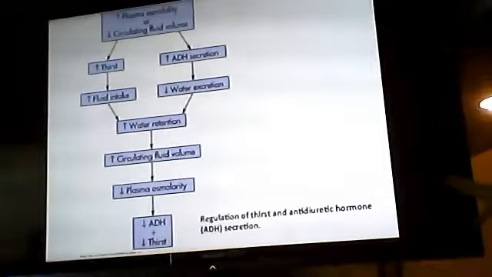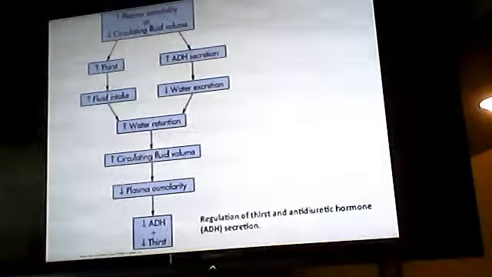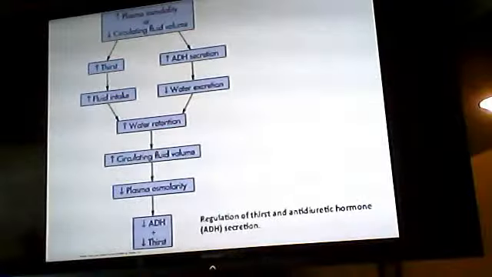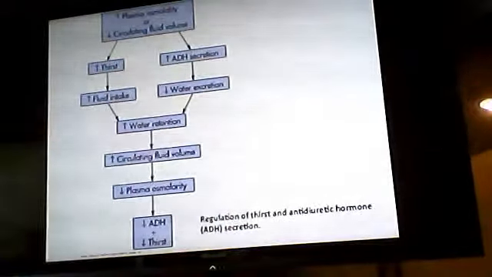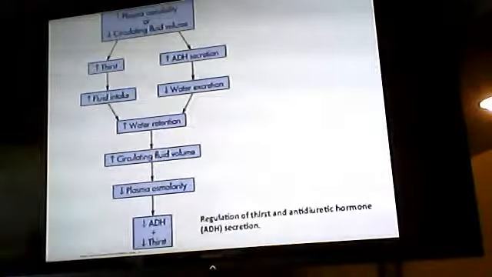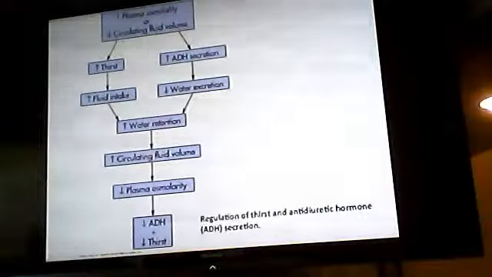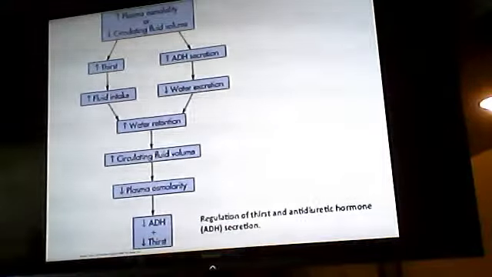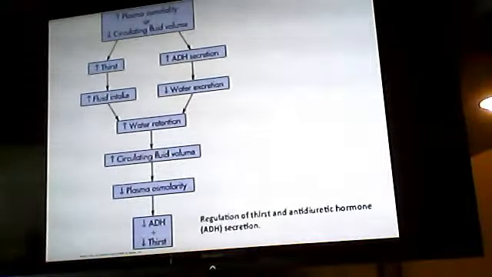And so all of this for ADH secretion is to make sure your osmolarity goes back to normal. Once this all completes and you've gained enough fluid, then you don't need to secrete any more ADH because we don't need to retain any more water, and you're not thirsty anymore, okay? So this process is constantly happening.